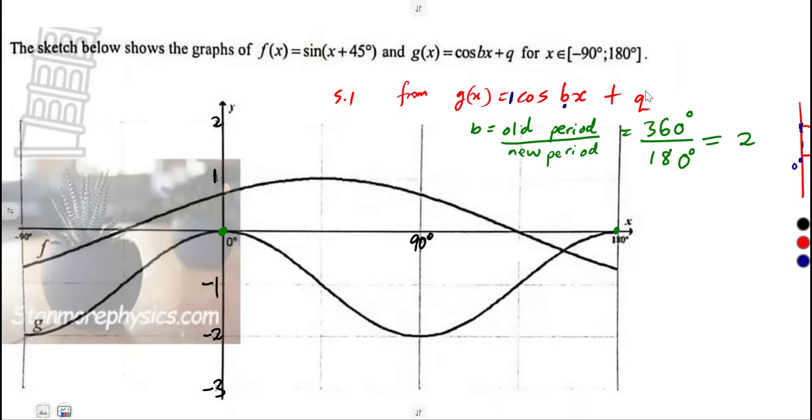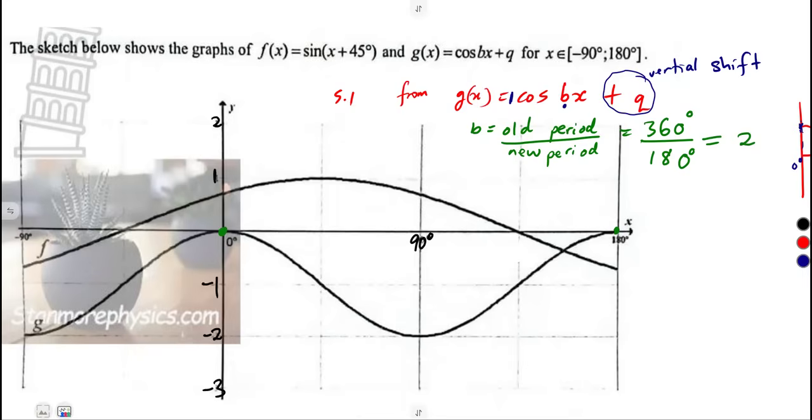And q can also be determined as it represents a vertical shift. It is a vertical shift. To say how the graph shifted from the original to where it is, what was the effect? That was the shift.